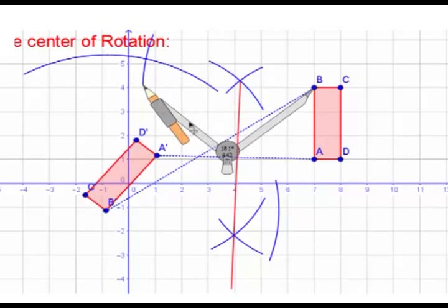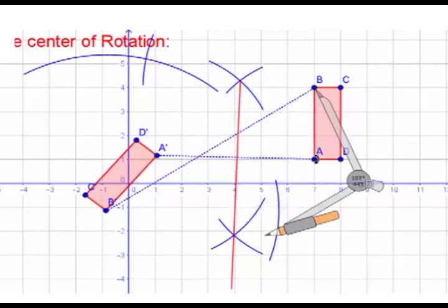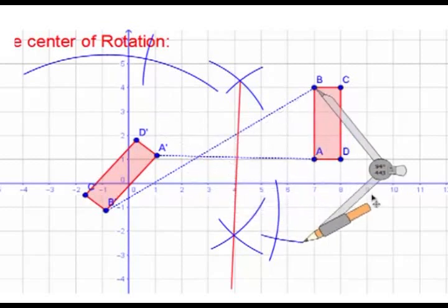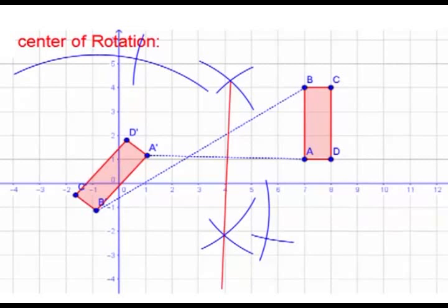Arc, and another arc. Great. We don't need the compass anymore. We just need to join the two intercepts. And now the two bisectors meet at point O, and that's the center of rotation.